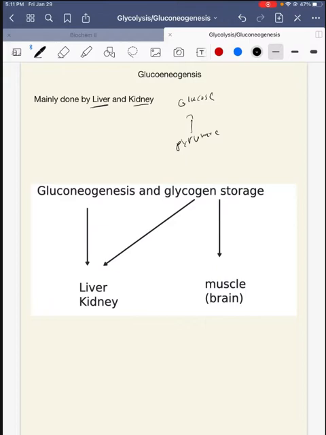So your liver will be trying to run gluconeogenesis to help raise the blood glucose levels. And we're not talking about glycogen storage for now, but just note that muscle and brain can run either glycolysis or they can store this glucose as glycogen.